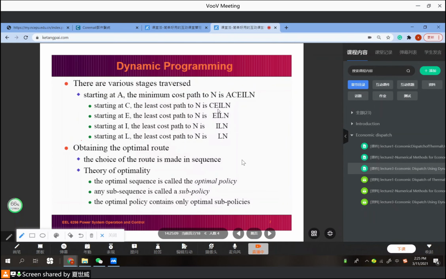If you travel from C to N, we also call this an optimal policy. But C, E, I, L, N is just a part of the larger one, so we call this a subpolicy. So the whole optimal policy from A to N will contain only optimal subpolicies, which means that the best path will of course contain the best segments, the subpolicies.